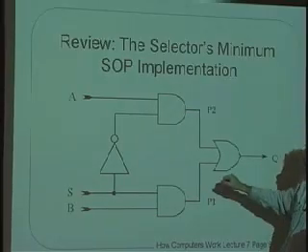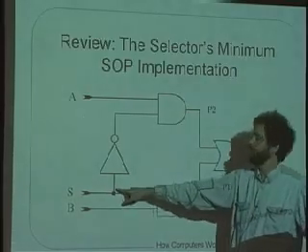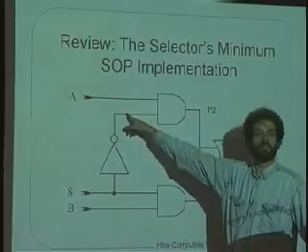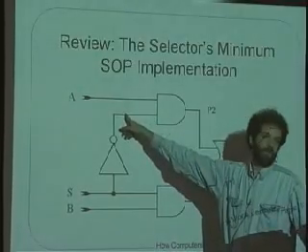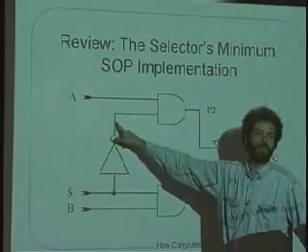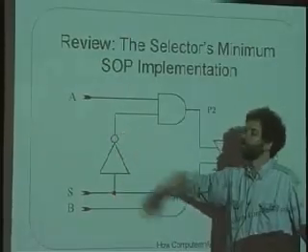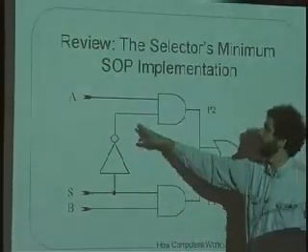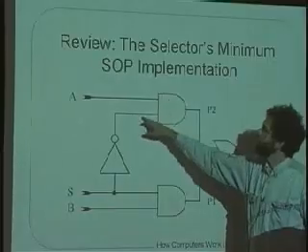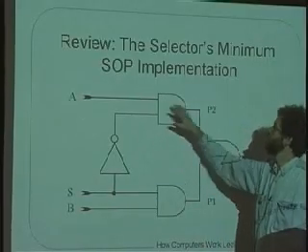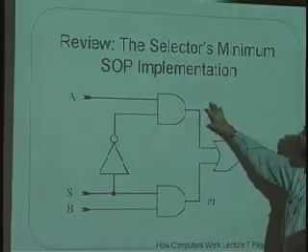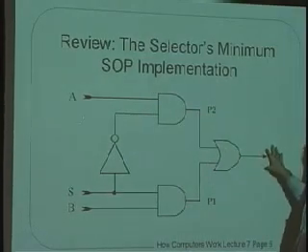On the other hand, if S is low, if S is a 0, then this value over here will be high, or a 1, because this is an inverter that switches the logic polarity from input to output. And so if that's true and A is true, then P2 will be true, and that will be sufficient to hold the output high all the time.